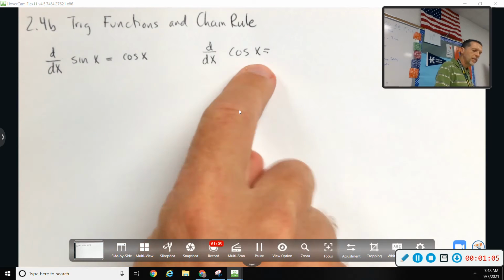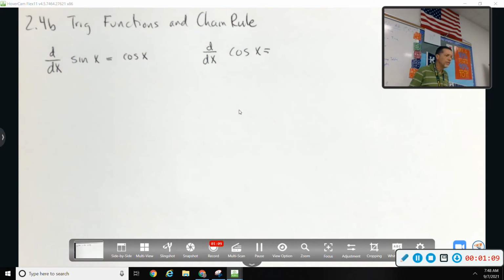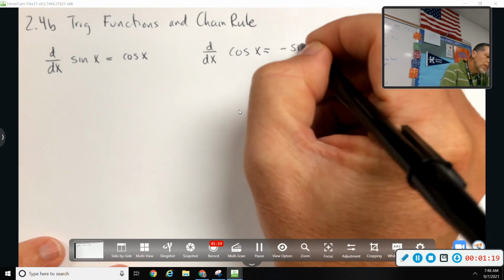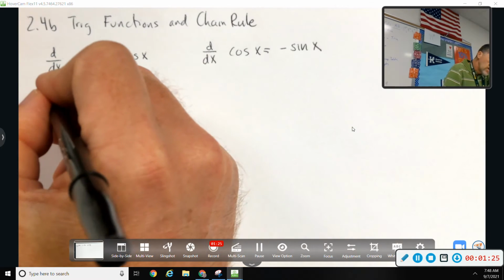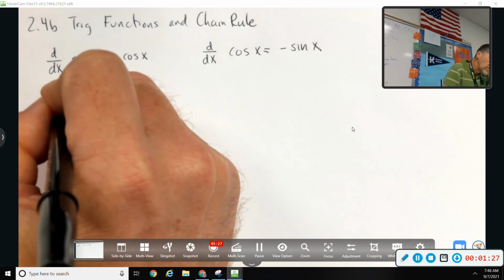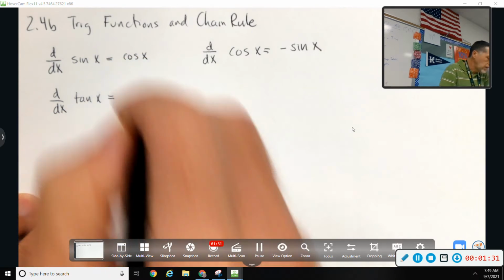So to the right of sine, let's write what the derivative of cosine is. So what's that one? Negative sine. So we've seen those 2 already, but seeing those again will help establish a pattern as we learn the rest of these. Derivative of tangent.